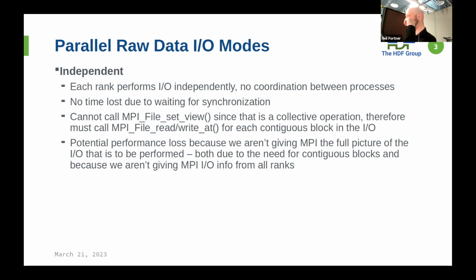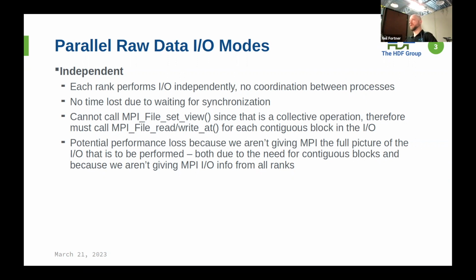But because it's an independent operation, in the library we don't have all the processes, so we can't call MPI_File_set_view, because that's a collective operation that requires all the processes to call it. And since we can't call MPI_File_set_view, we can't do non-contiguous I/O on the file.